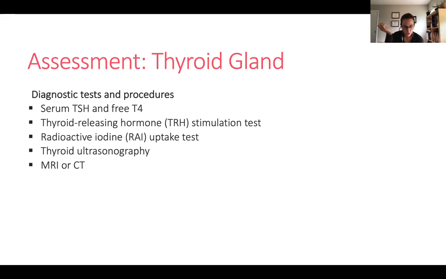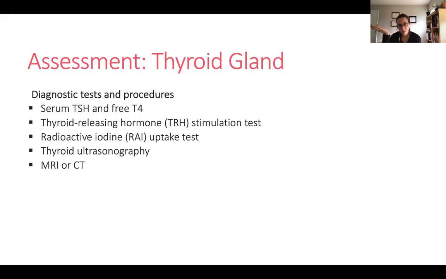They could also do the RAI, radioactive iodine uptake test. Because iodine concentrates in the thyroid, they can measure the iodine they inject into the body, and it will accumulate in the gland.